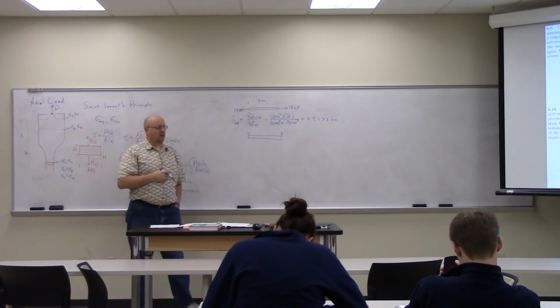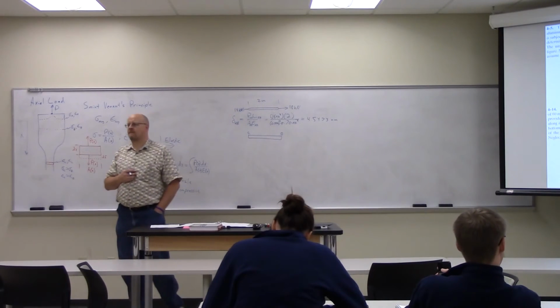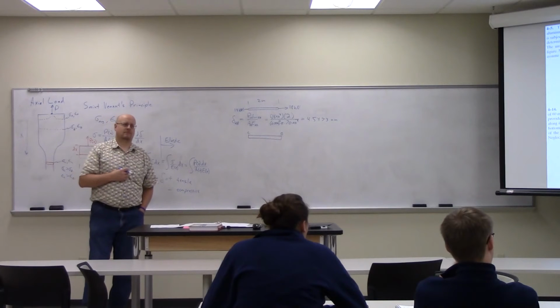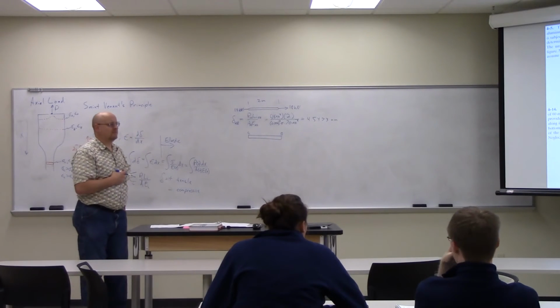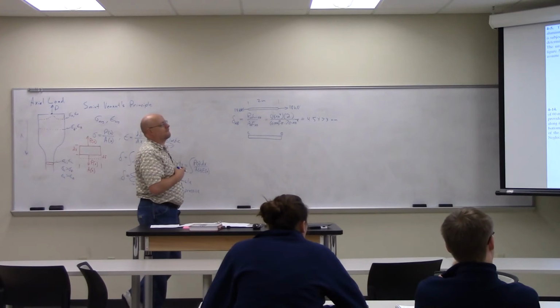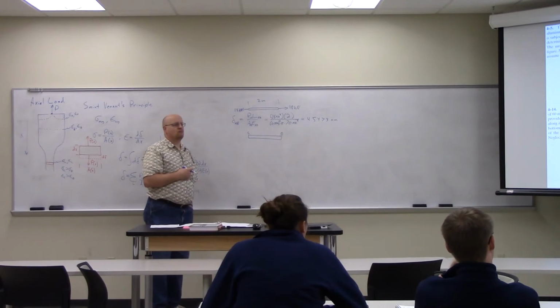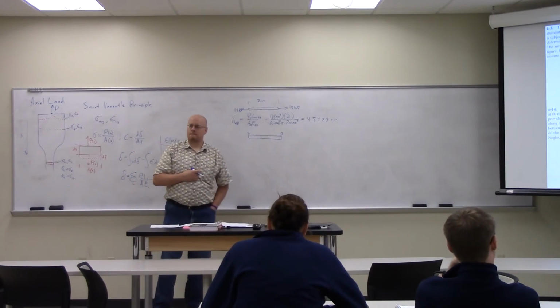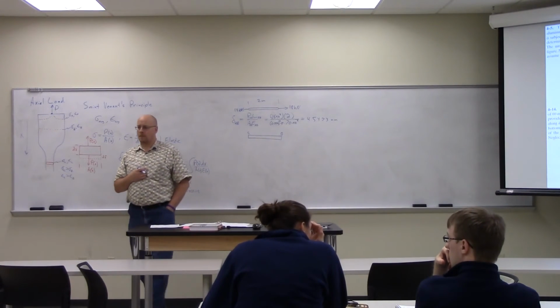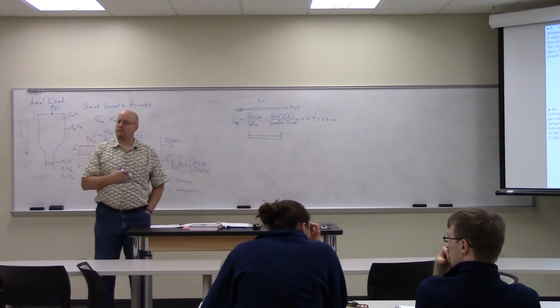Okay, what are the forces acting on CB? You have 24 kilonewtons going to the left at B. Right, 6 kilonewtons plus 18 kilonewtons. Look at the picture.